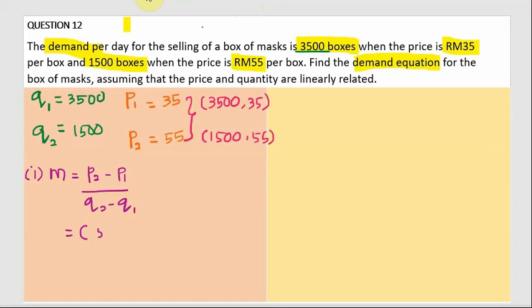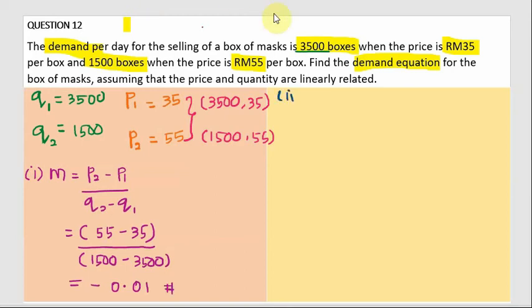So P2 is 55, P1 is 35, divided by Q2 1,500 and Q1 3,500. So M is negative 0.01.